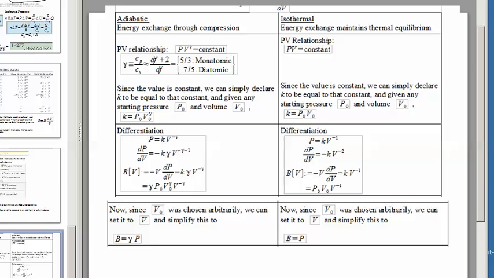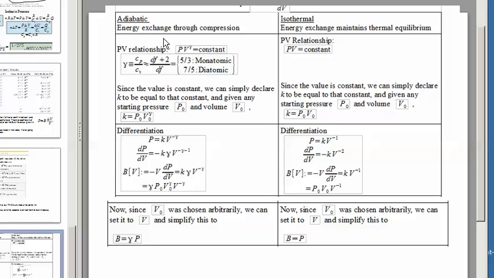So here's how you derive these two things. Notice that in an isothermal process, the energy exchange maintains thermal equilibrium, and the pressure-volume relationship ends up being pressure times volume is constant, because nRT is constant and the temperature doesn't change.